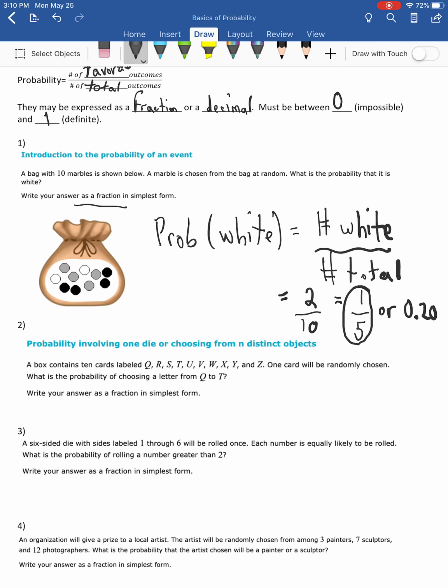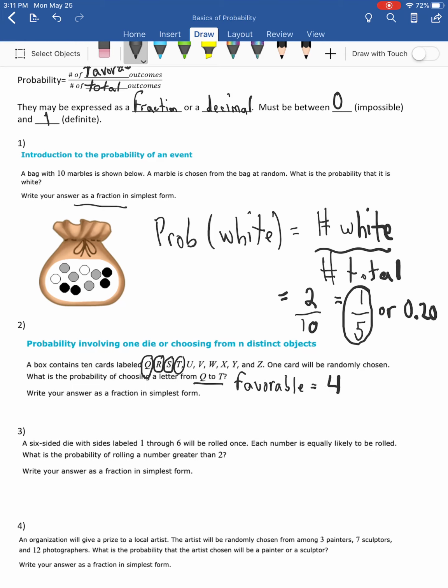Okay, a box contains 10 cards labeled Q, R, S, T, U, V, W, X, Y, and Z. One card will be randomly chosen. What is the probability of choosing a letter from Q to T? So, favorable here is going to be Q, R, S, and T, because it says from Q to T. Favorable equals 4.